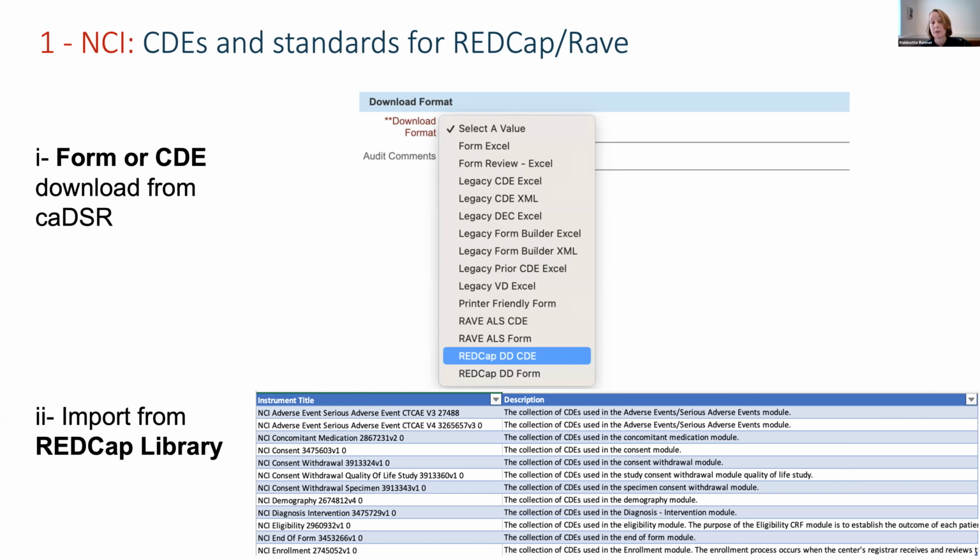So we now have the ability to download all of our forms and CDEs in REDCap format, Rave format, and our NCI curators have a bulk loading capability that allows them to import content in a REDCap library format. So this is really expanding some of our offerings to the community. On the next slide.